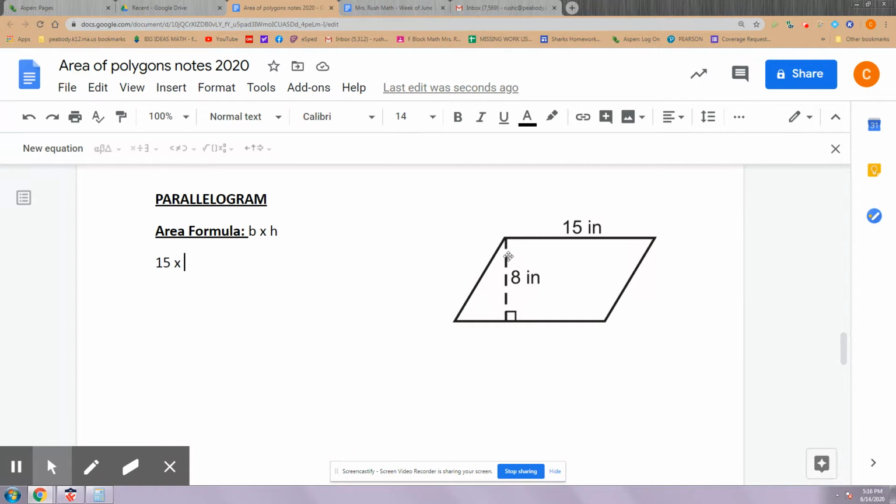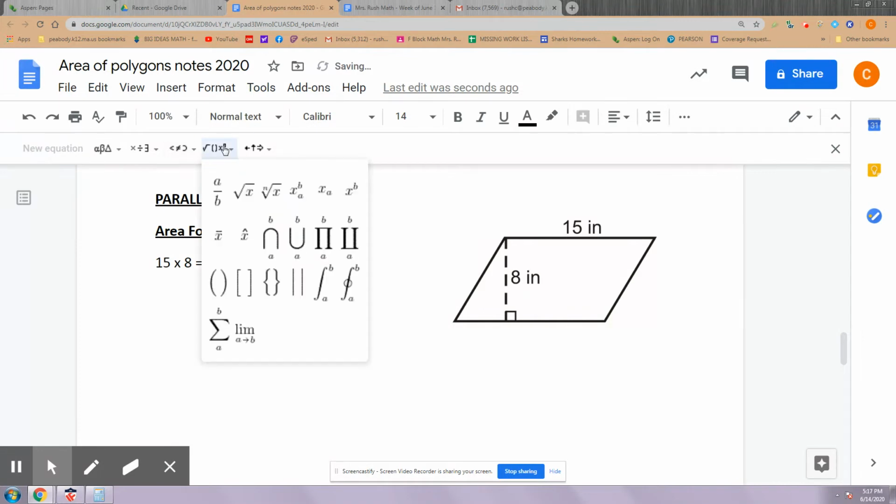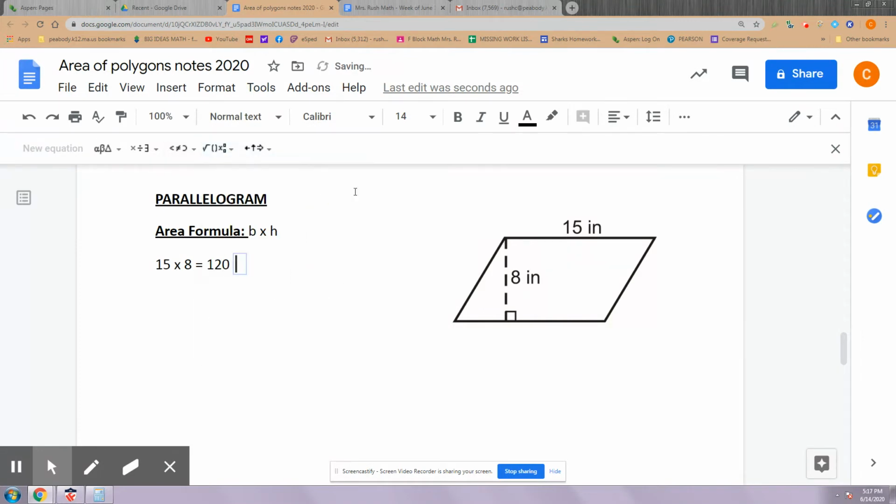I think about the straight up and down vertical line. So the height would be 8. Then when we do 15 times 8, we would get 120. And then remember, we have to do our units, so it's inches squared. So 120 inches squared. Perfect.